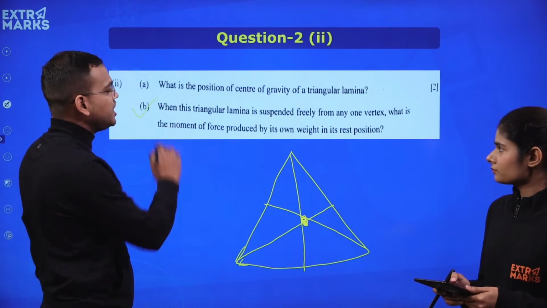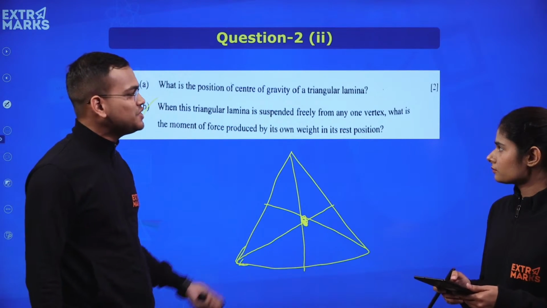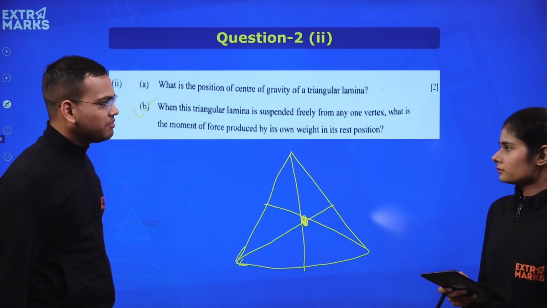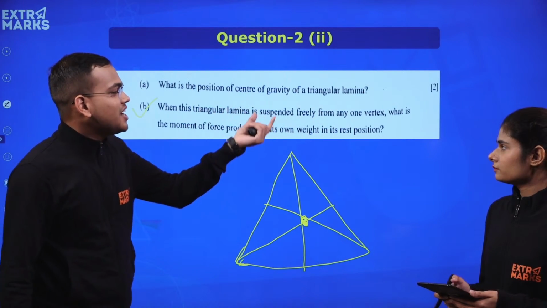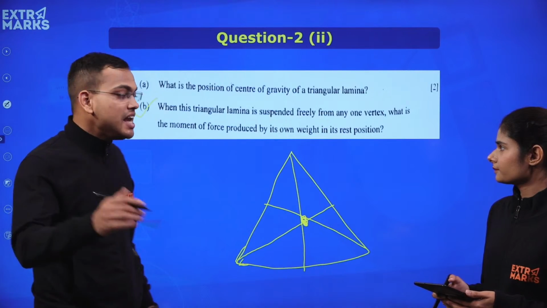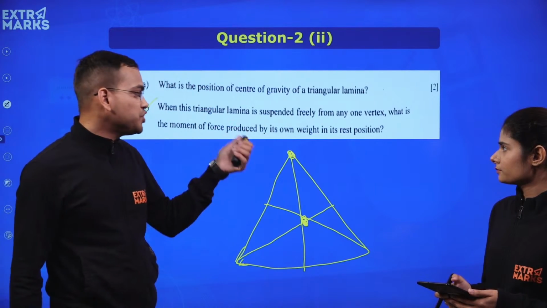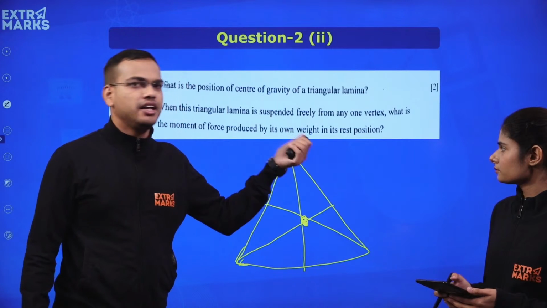Now the second question: when this triangular lamina is suspended freely from any one vertex. Very interesting. If it is suspended freely from any one vertex, what is the moment of force produced by its own weight in its rest position?